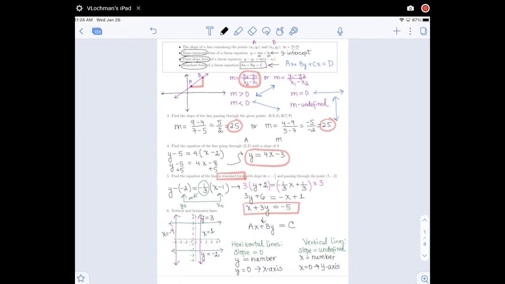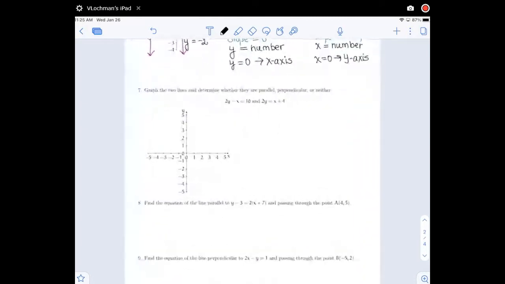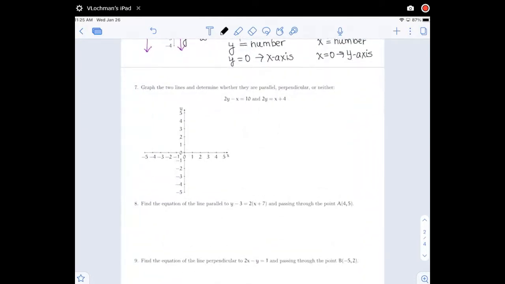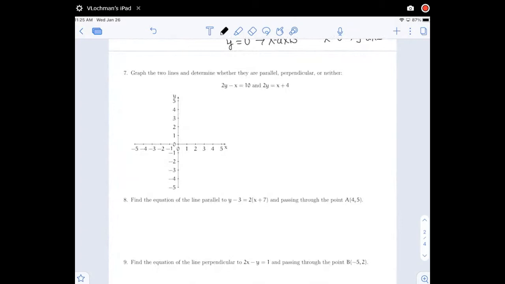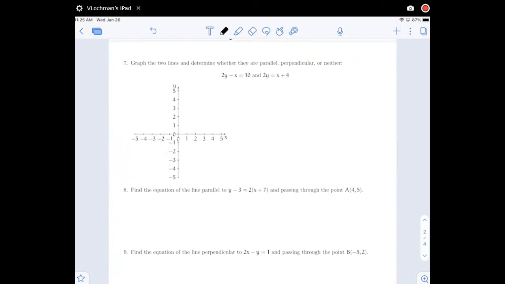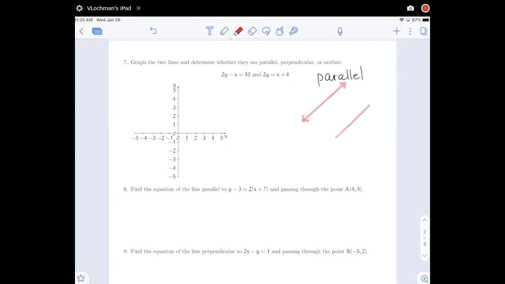Everybody's good? Okay, then the next thing that we're going to do is talk about parallel and perpendicular lines. Let me do a side note here. Let's start with the parallel. Parallel lines, right? Let's have a quick picture of what those lines would look like.